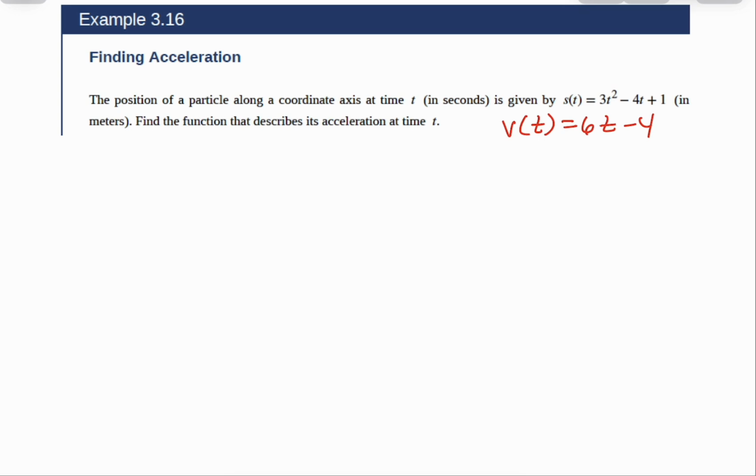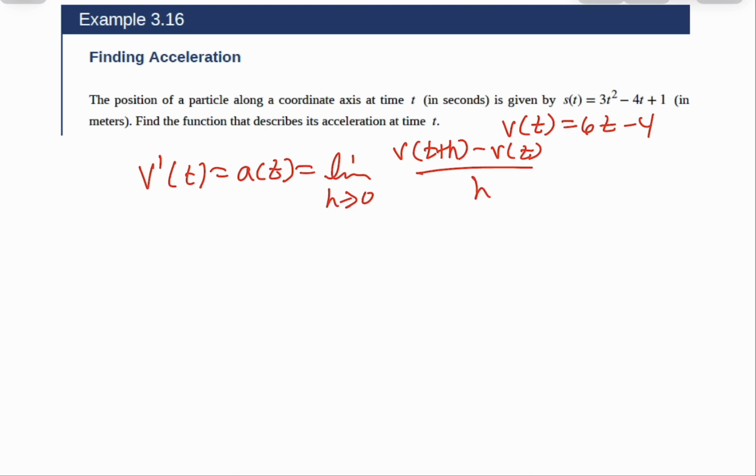So let's find the acceleration function by doing the limit as h approaches 0 of v of t plus h minus v of t all over h. So the velocity at t plus h is just 6 times t plus h minus 4.